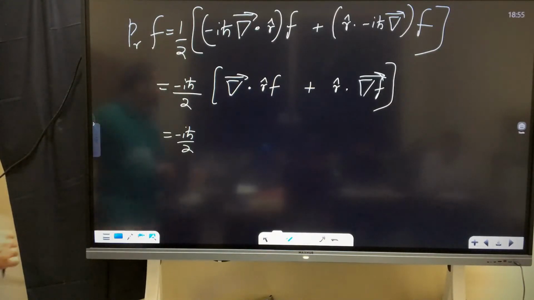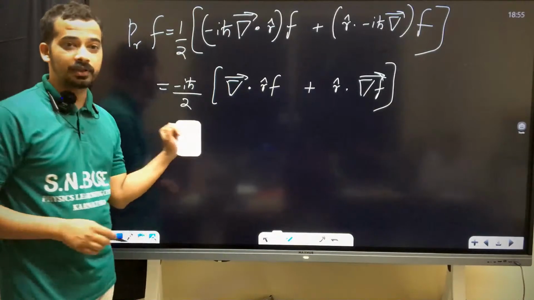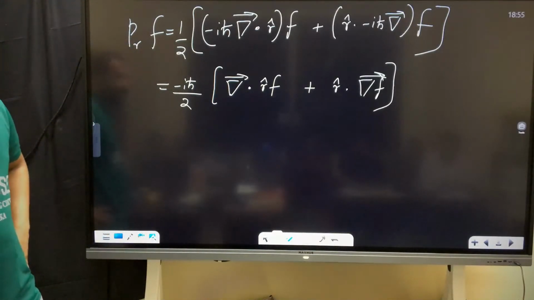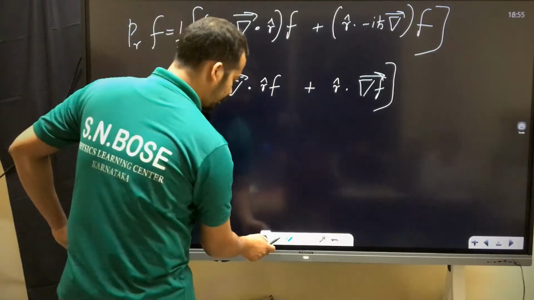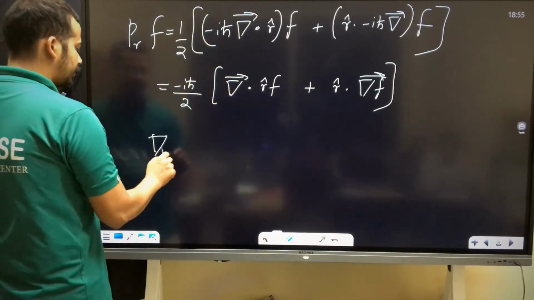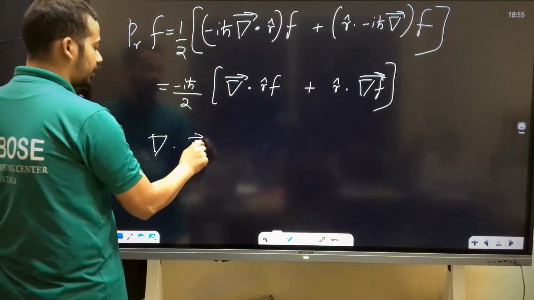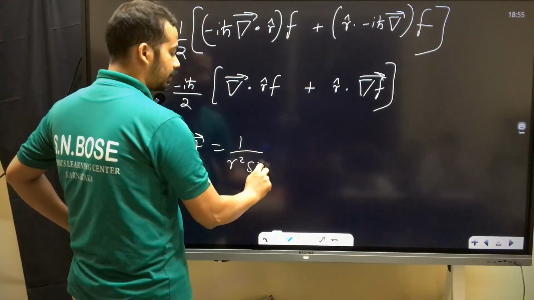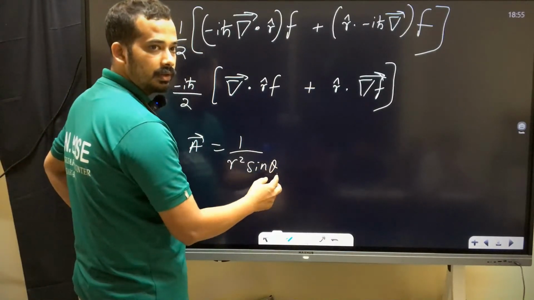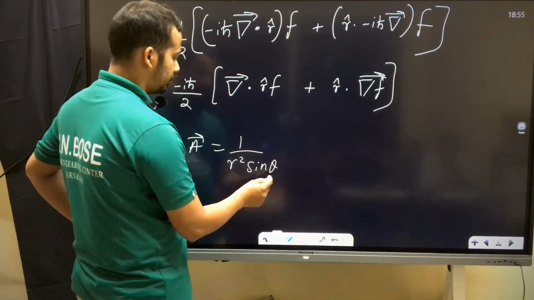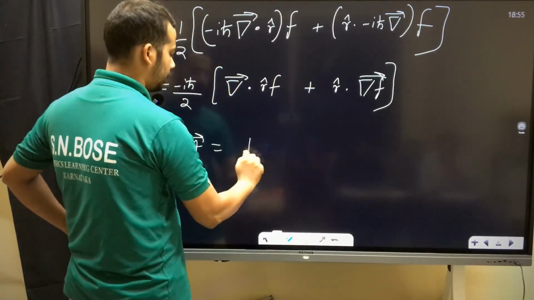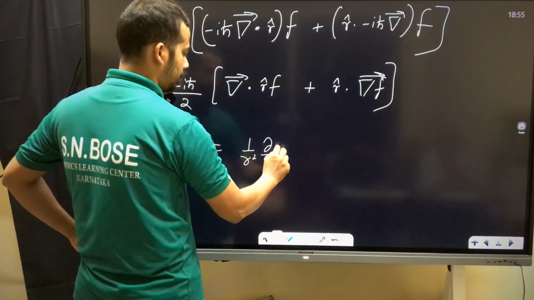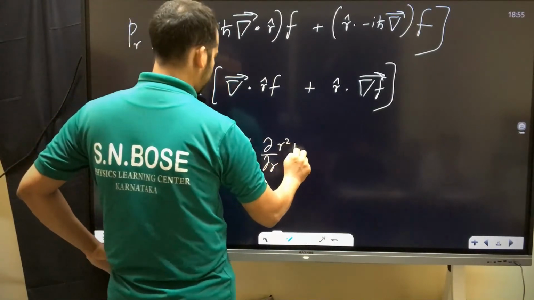How do you write the divergence in spherical polar coordinates? Again, this is also required. Divergence of a vector field in spherical polar coordinates, any idea? 1 by r square sine theta... am I right? 1 by r square.